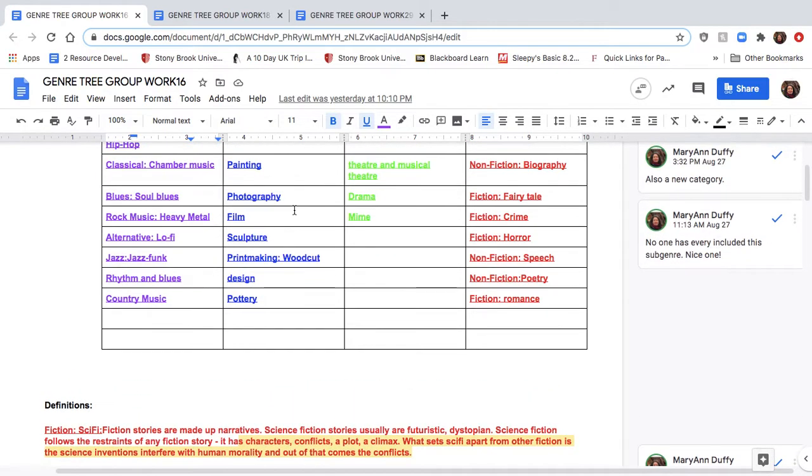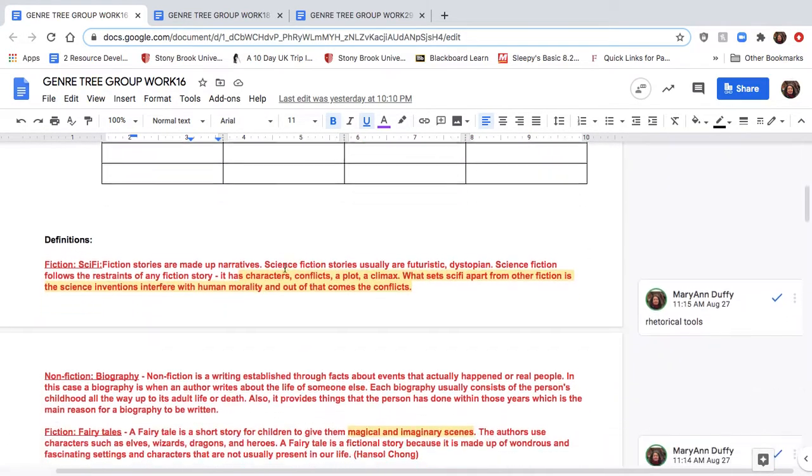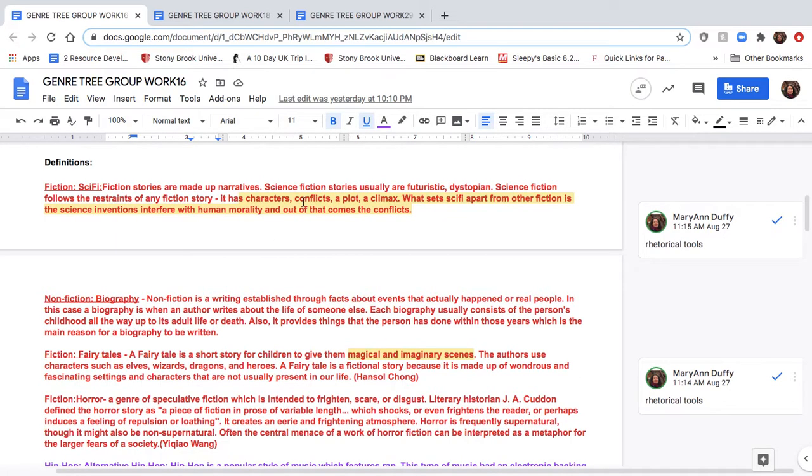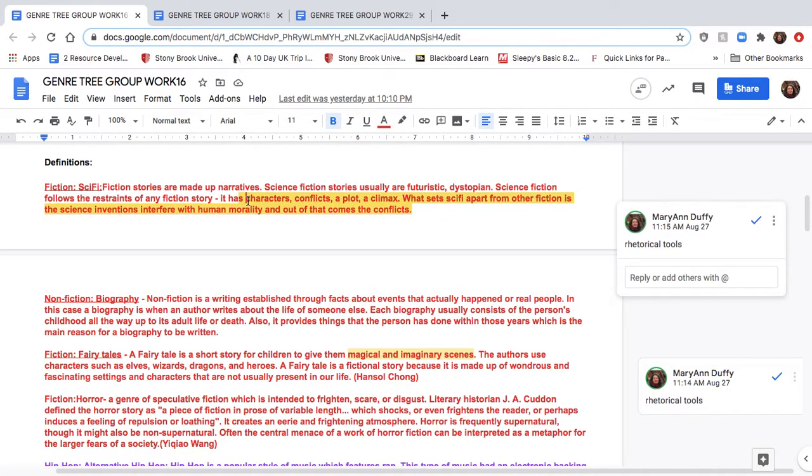So, for instance, let's take a look at some of these things that you put in. Somebody put in fiction sci-fi, and the ingredients for a fiction writer are that the story has to have characters, a conflict, a plot, climax. And then they went on to say what sets it apart from other fiction is the scientific inventions.